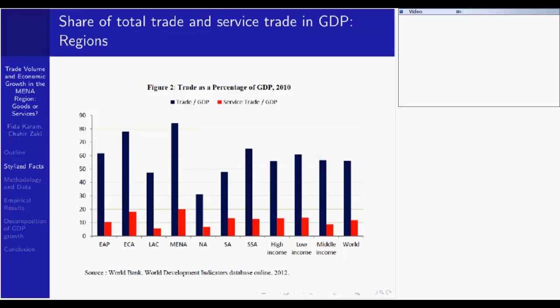The second thing is that we also introduced an oil dummy to make sure that we have a clear distinction between oil exporters and oil importers, because as you mentioned, this is an important aspect of the MENA region.